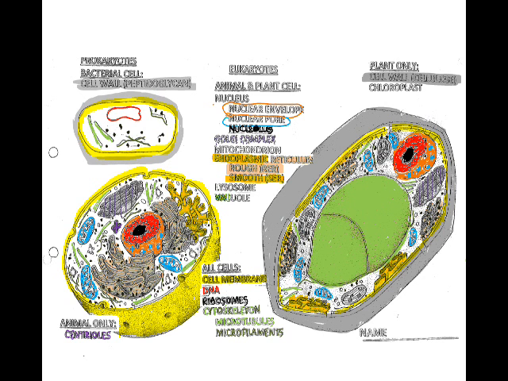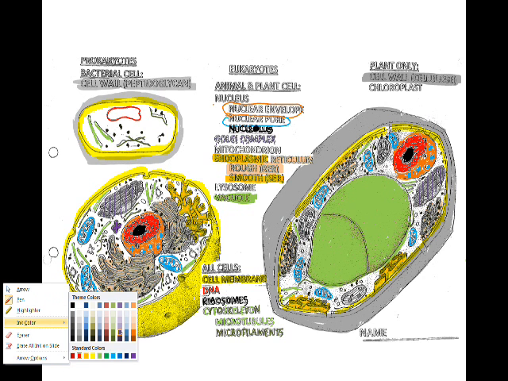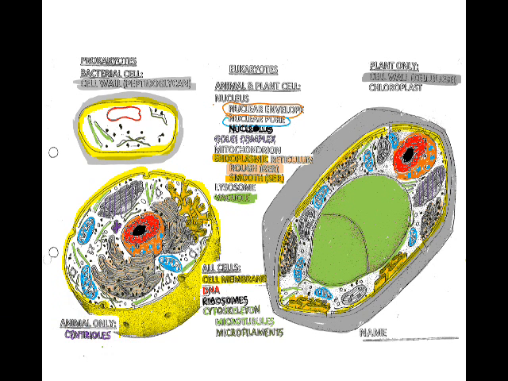Vacuoles are in both plants and animals, so they're on the middle list here, but a lot smaller in an animal cell. So I'm going to switch back to pen so I can do a little more careful coloring here. Remember when we did lysosomes, and it looks like my lysosome color has disappeared.